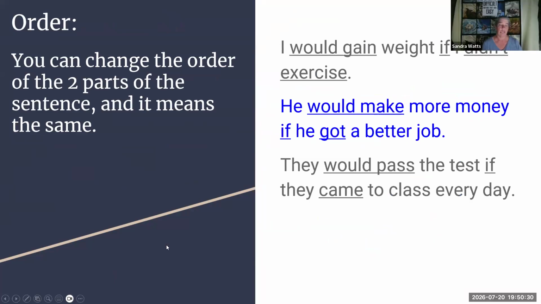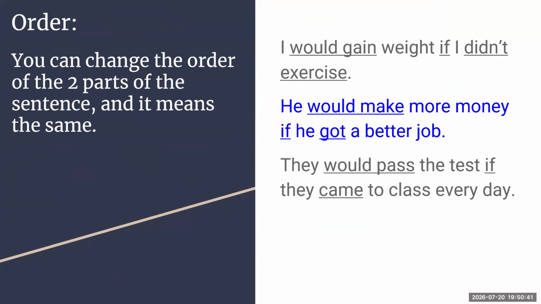Same thing again, you can change the order. You can put the would part first and the if part second when you make the sentence. Same meaning. If is still the cause, would is still the effect, but you can change the two parts. I would gain weight if I didn't exercise.